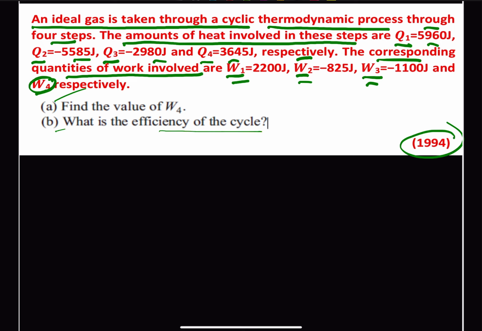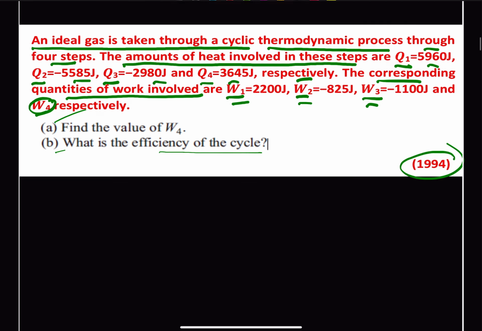Okay. So in this case we have to take into account that this is basically a cyclic process. If it is a cyclic process, then we can say that the change in internal energy will be equal to 0 over the complete cycle.